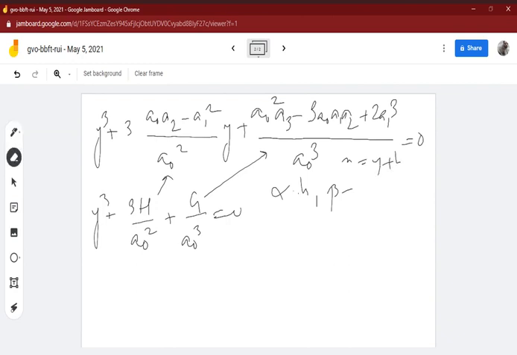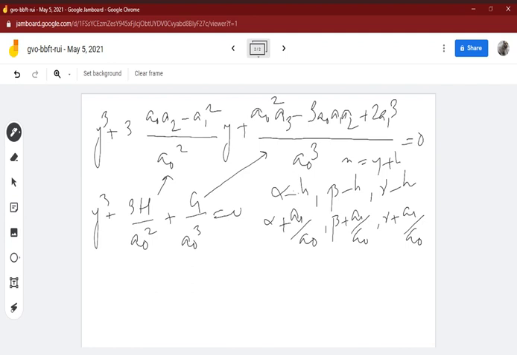So it is alpha minus h, beta minus h, and gamma minus h, that is alpha plus a1 by a0, because h is equal to minus a1 by a0. Similarly this is beta plus a1 by a0, and this is gamma plus a1 by a0.